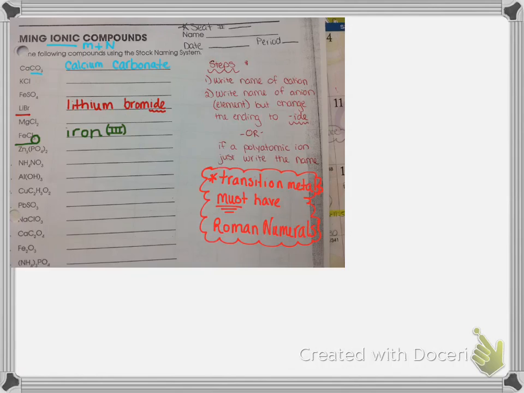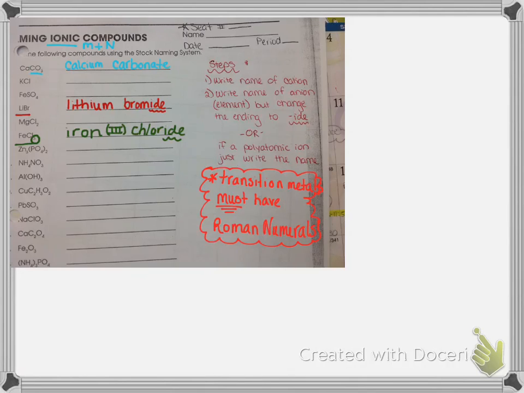And now all we have to do is name the anion. Now Cl is chlorine. But again, chlorine is an element, and so we're changing the element ending from chlorine to chloride. And so the final name for this compound is iron 3 chloride.